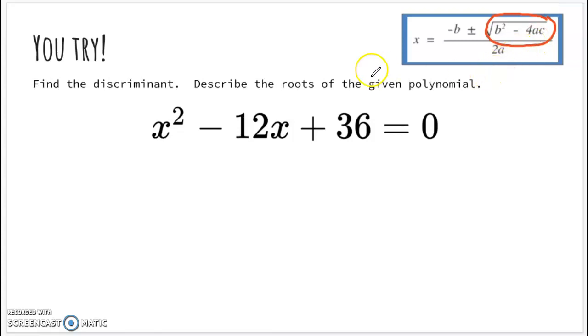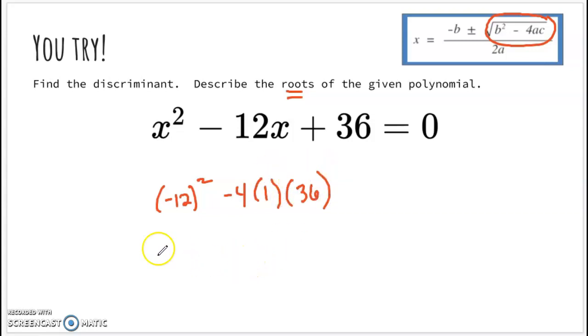If that's all we're trying to do is figure out what's going on with our roots, we could just grab that discriminant and see what's going on, right? So our b value is negative 12, so we're going to do negative 12 squared minus 4 times 1 times our c value, which is 36, right? Negative 12 squared gives me 144. 4 times 1 is 4, times 36 is going to give me 144.